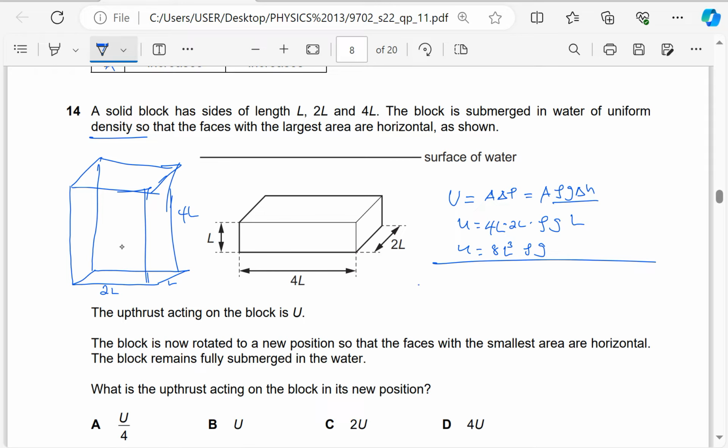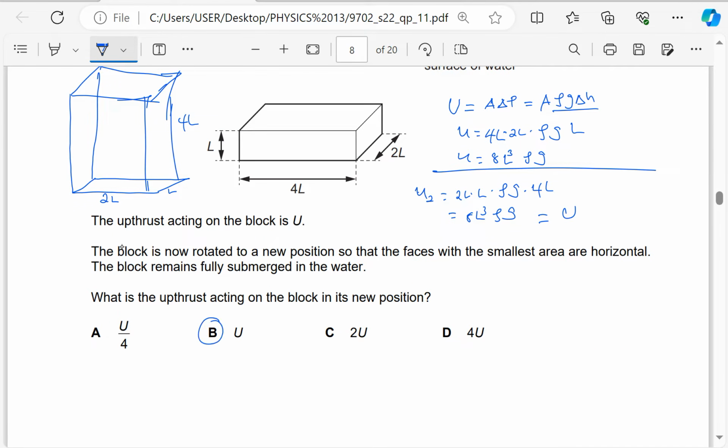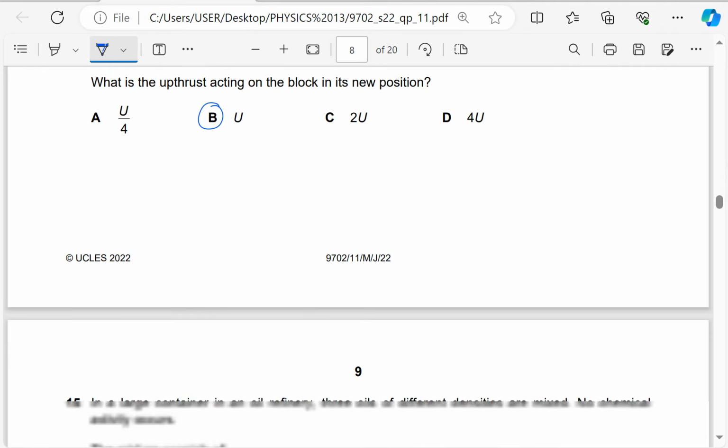Let's check the upthrust here. We'll call it U2, which is going to be the cross-sectional area, 2L times L, times the density, which is still the same, times g, then the h is 4L. So you notice that it still gives us 8L cubed times density times g, which is the same as U. So the upthrust still remains U, as long as it is fully submerged. If it was not fully submerged, then the vertical height could reduce.